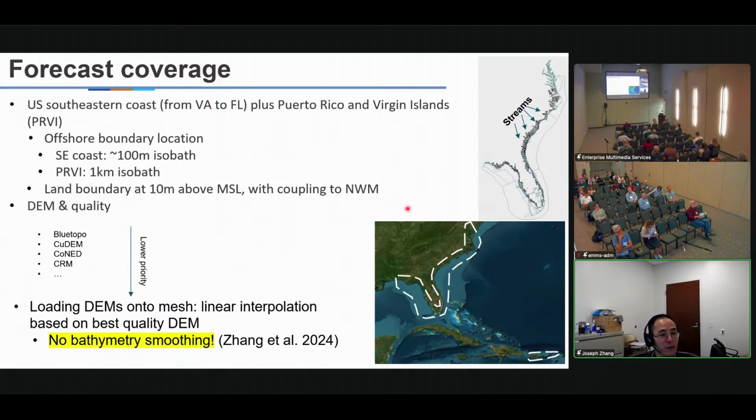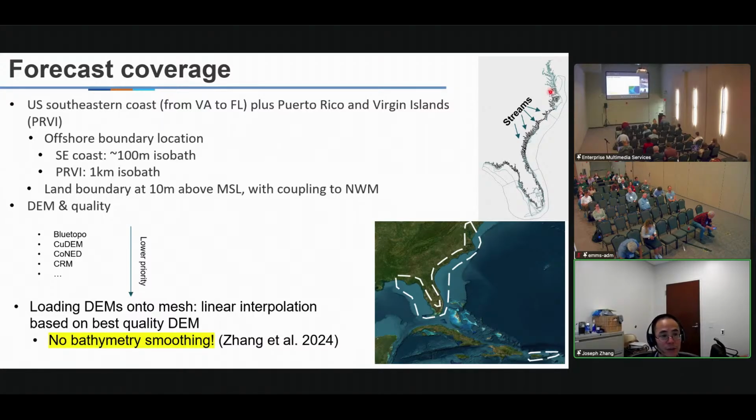In terms of offshore boundary, we set the ocean boundary at roughly the 100 meter isobar for the East Coast and the 1 kilometer isobar for Puerto Rico and the Virgin Islands. On the inland side, we closely couple with the National Water Model. You can see those thousands of streams from the National Water Model.